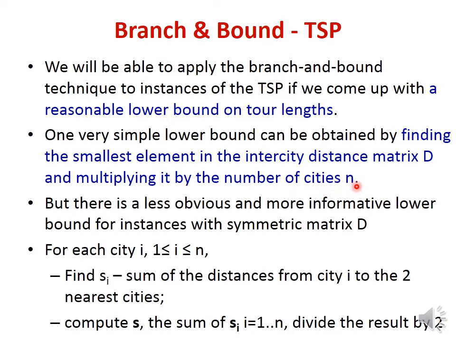So in the distance matrix, get the smallest one, and we know that the tour consists of n edges, so multiply by n. That is the lower bound for the overall tour. Of course, we can have something better than this strategy also.